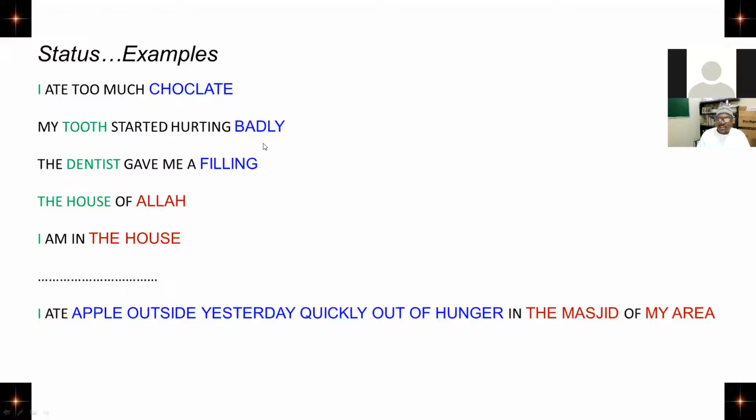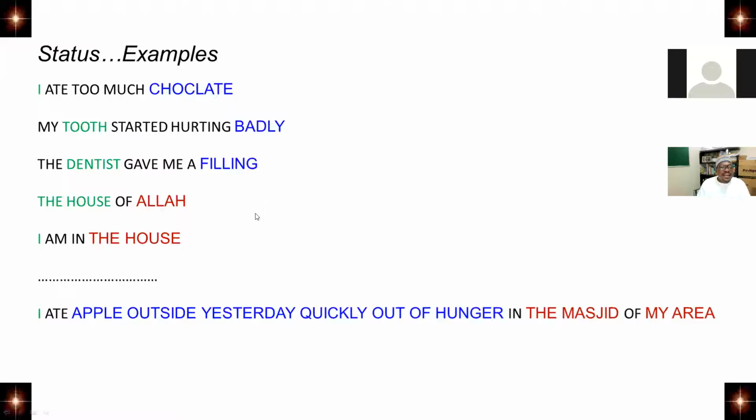Of course, I didn't tell you what the blue and green signify here, even though according to our code of coloring in S.A.I.D, we are supposed to color them in a certain way. But for the sake of this class, let's say everything colored in blue is the victim, in nasb status, and whatever is colored in green is the subject or the doer, in rafa status.